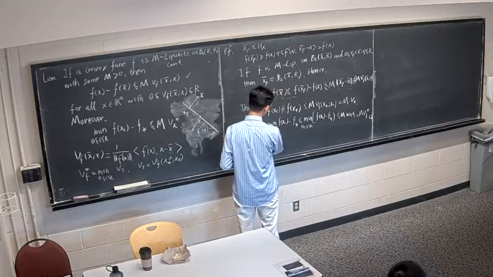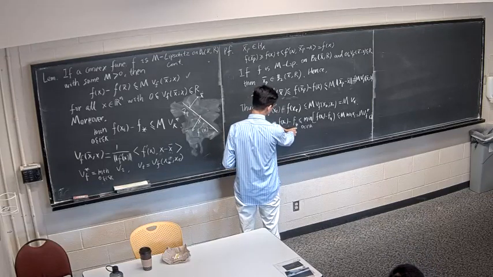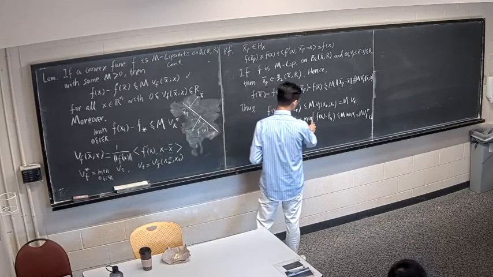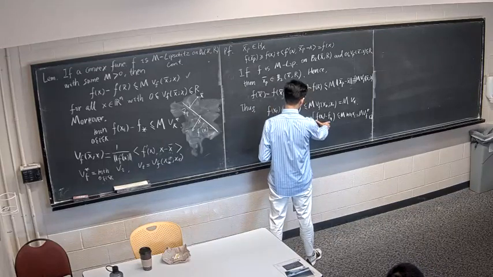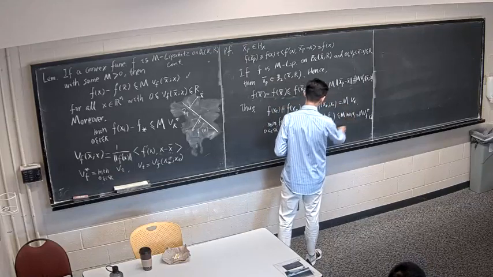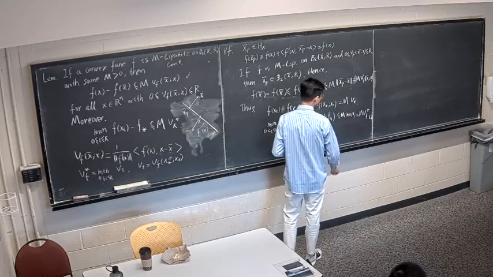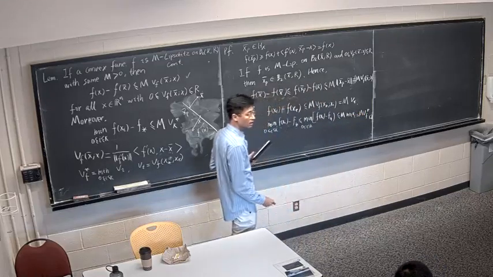So the minimum here applies to the f of xi, but it also applies to the difference of the two. So it's also minimum of this difference. And hence, because each single one satisfies this inequality, we can change it to be Vi. So it's a minimum over Vi. And minimum over Vi is just by definition Vf star.